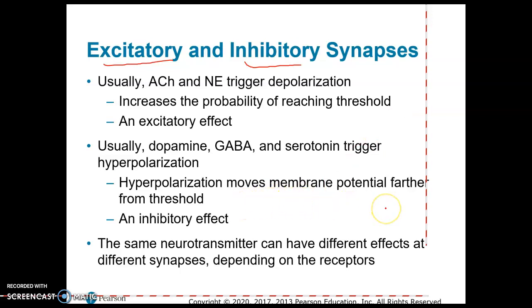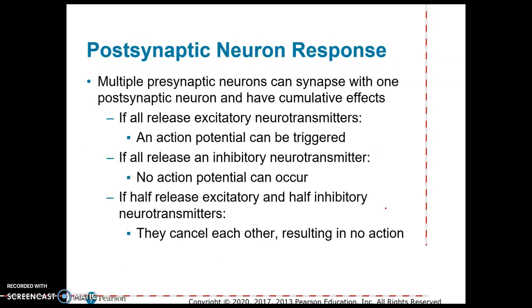Dopamine, GABA, and serotonin trigger hyperpolarization, which is inhibitory. But sometimes the same neurotransmitter that can be excitatory when it binds to one receptor can bind to a different receptor and be inhibitory. So it doesn't just depend on the neurotransmitter, it also depends on the receptor that it binds to. Okay?